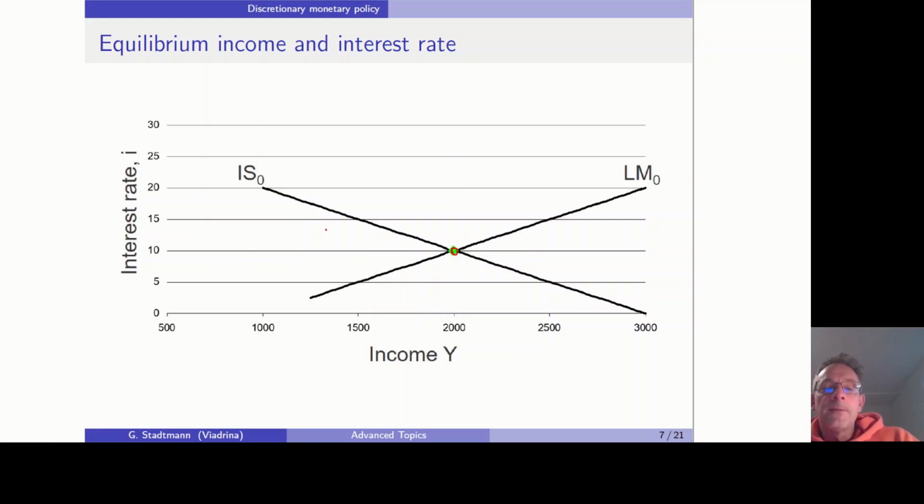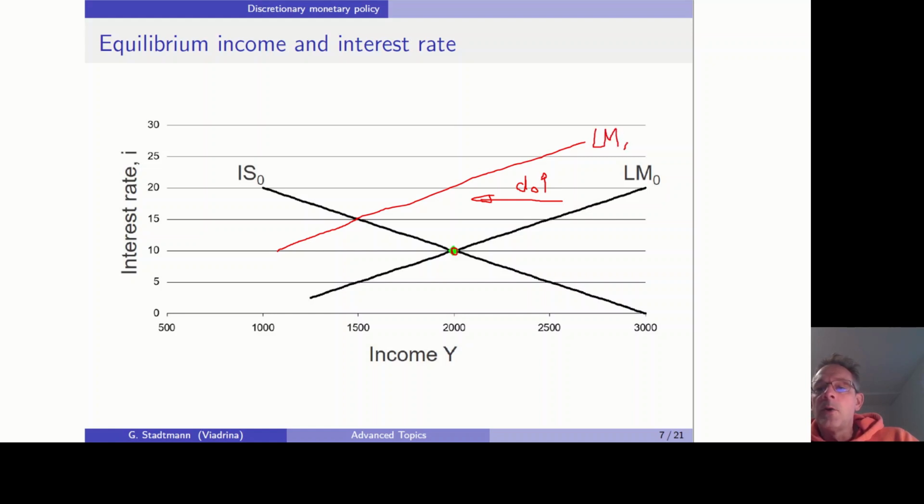So now we said that money demand increases. So the variable D0 increases. This shifts the LM curve to the left.